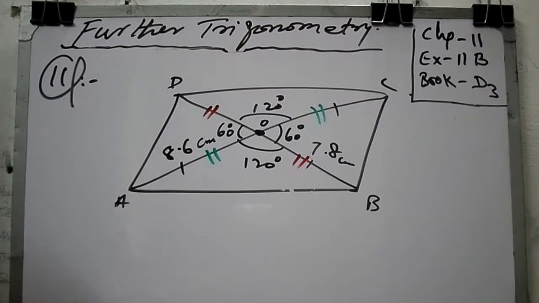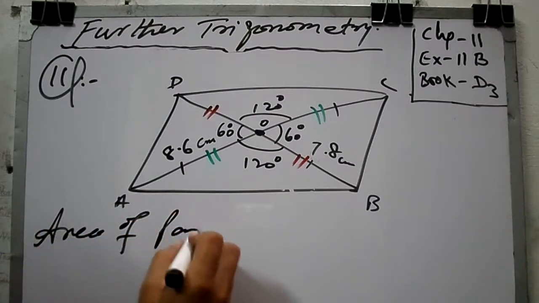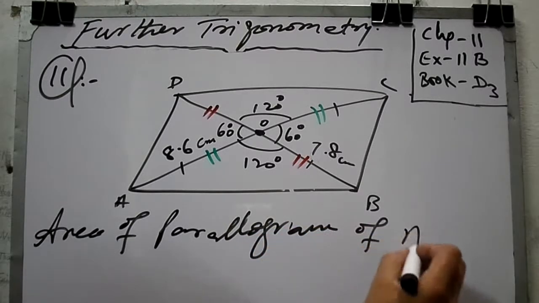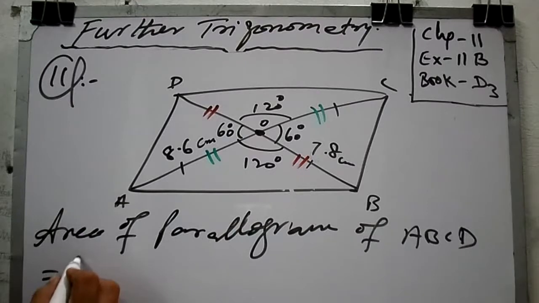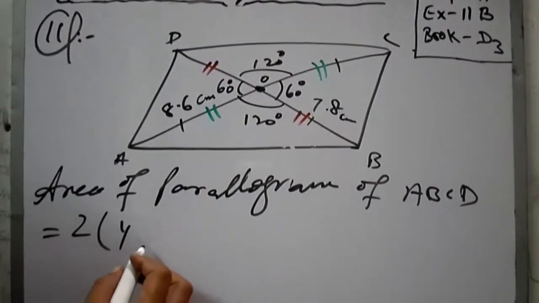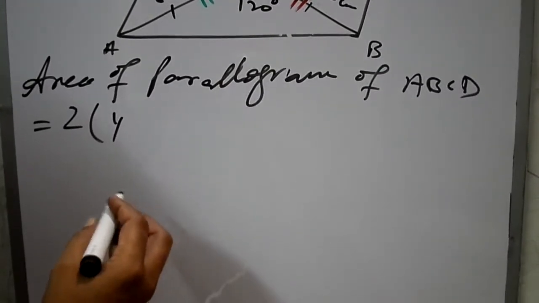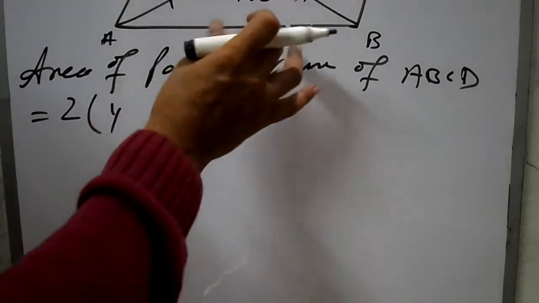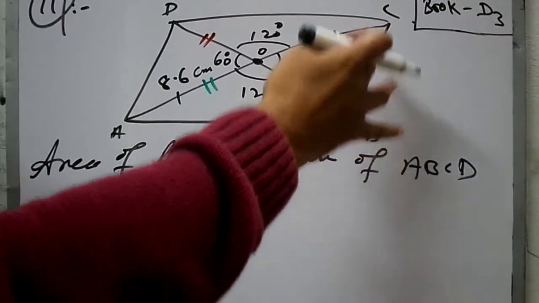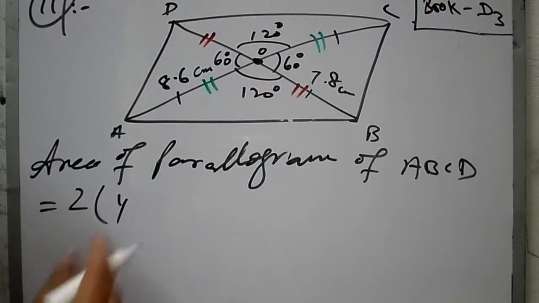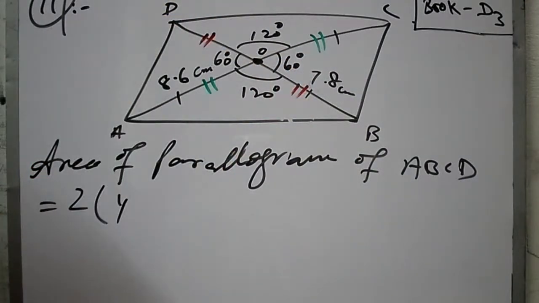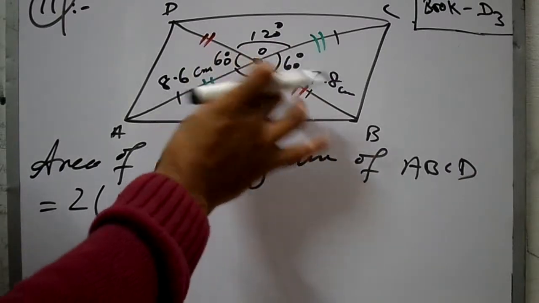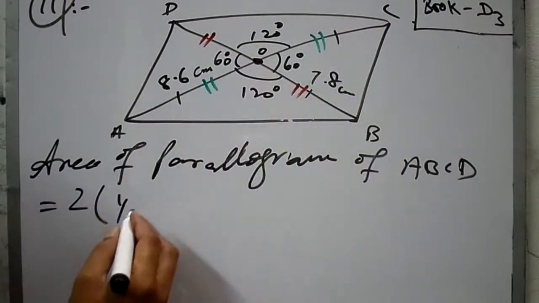So now coming to the exact point, that is the area of parallelogram ABCD. The area of parallelogram ABCD is equal to twice the area of triangle ABD plus twice the area of triangle BCD.